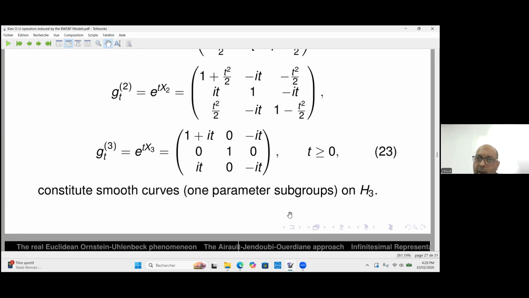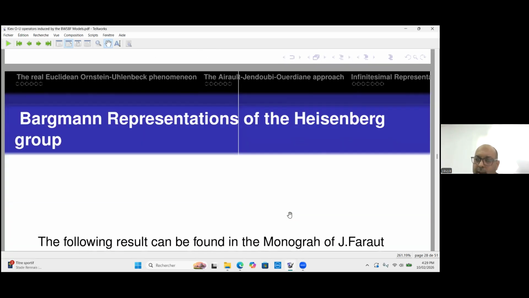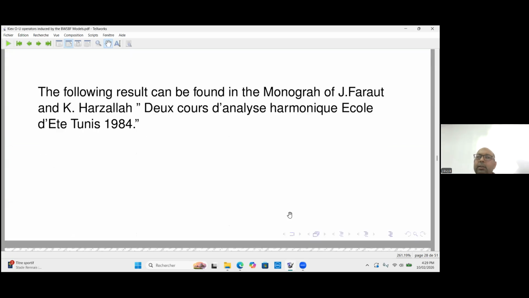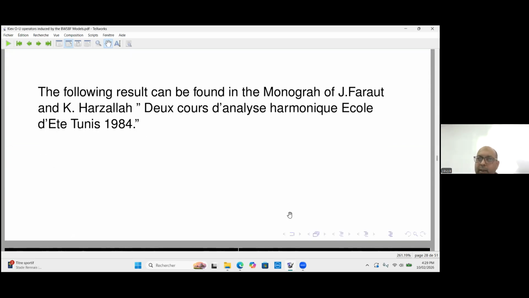Concerning the representation of the Lie group, the Heisenberg Lie group, I consider a representation from a monograph of Jacques Faraut and Khalifa Harzallah in a summer school in Tunis.